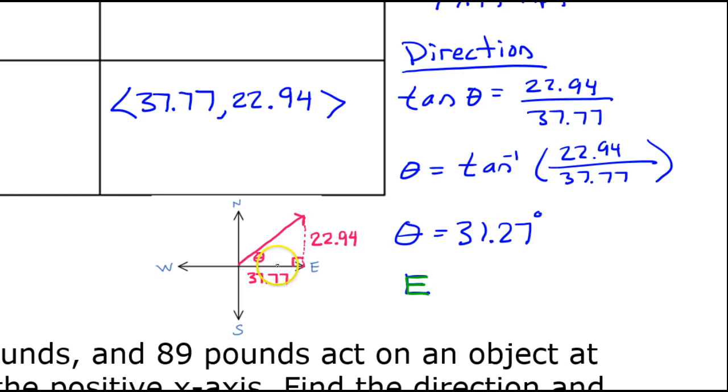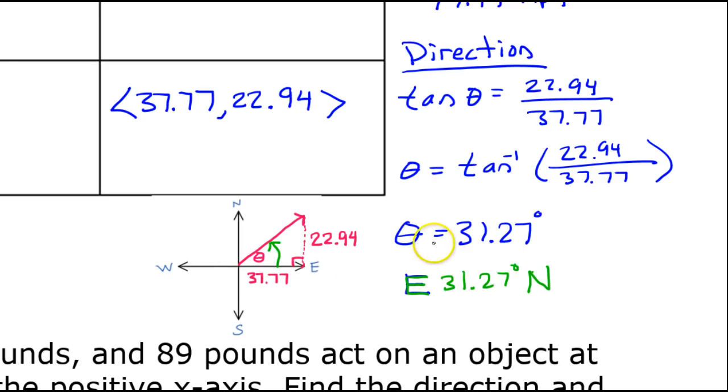Beginning at east, we would have to turn ourselves 31.27 degrees towards the north. And you would arrive at this vector.